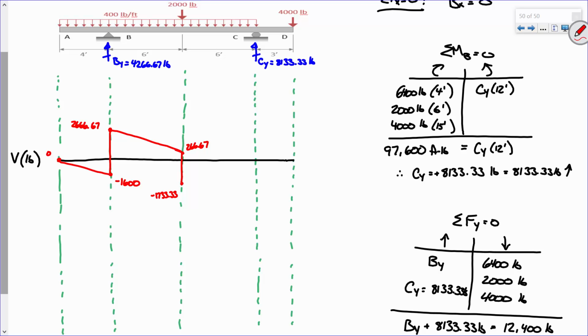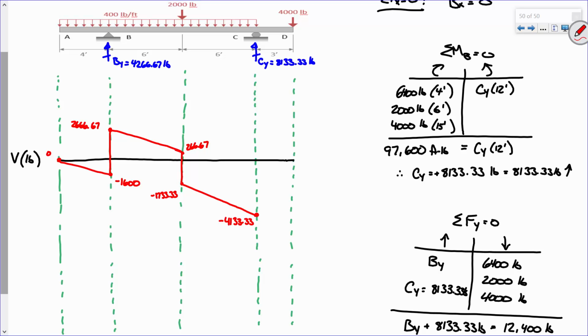So all the way down here, about like that, right?